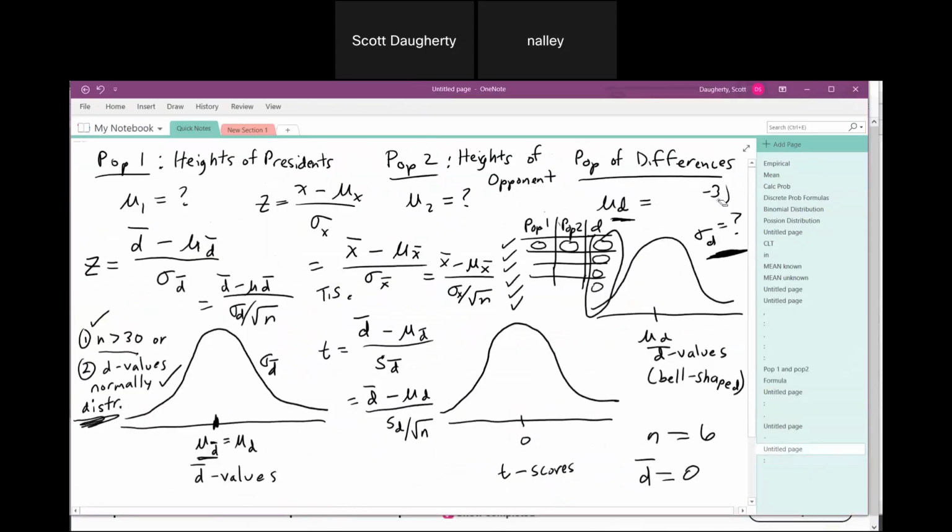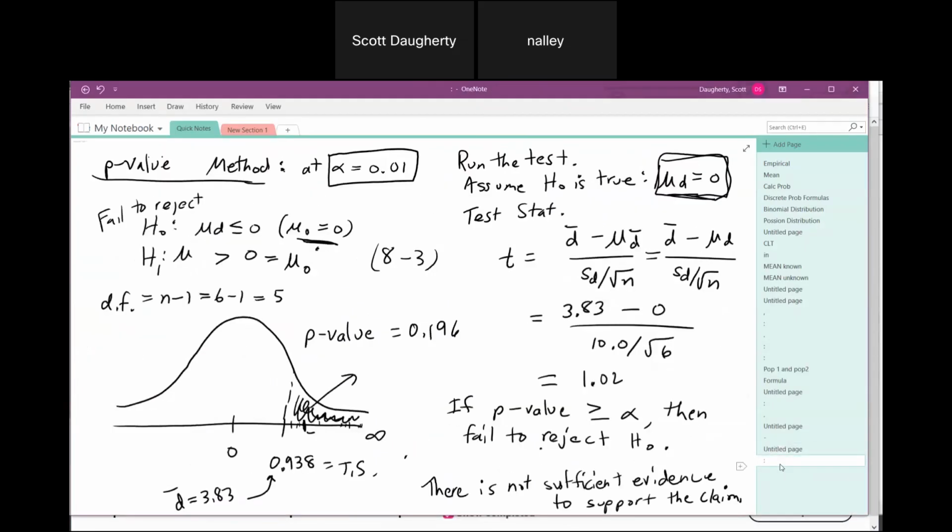So remember, we don't know what mu sub d is. I mean, one of the things we could do is try to estimate what it is as a single number. And if we did that, the best thing to use would be the sample mean, d bar. And for us, d bar was 3.83. Remember, this was our average from the sample, right?